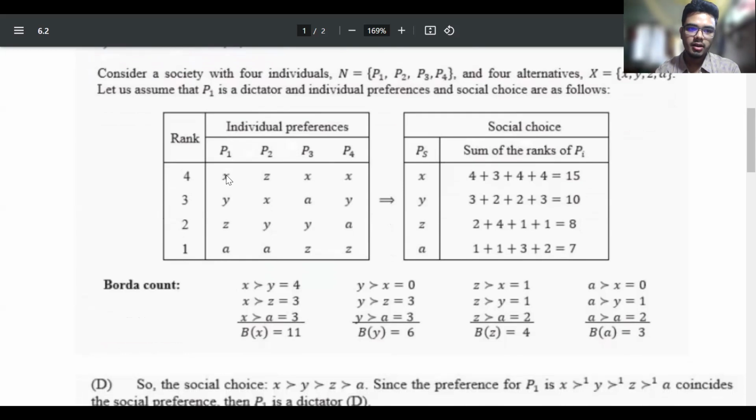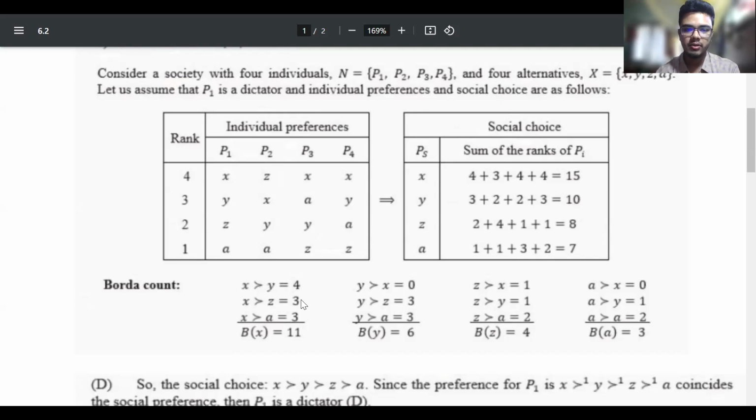Here X is preferred to Y, 1. Here we can see the same thing, 2. Here the same thing, 3. And here, the same, X is preferred to Y. So we will get 4.